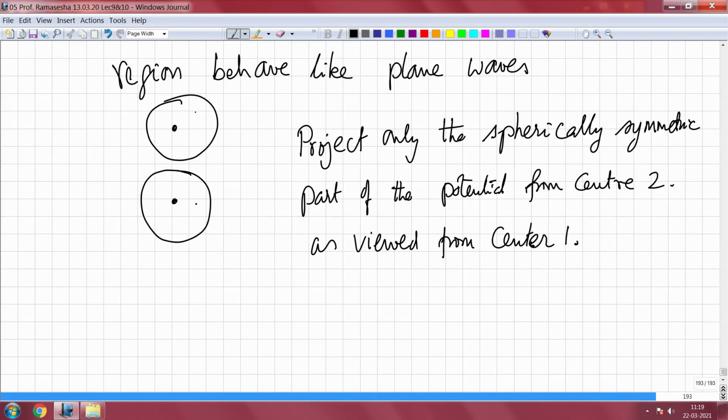The contribution from there must only be some other spherically symmetric function, so that you can add up the two spherically symmetric functions and get the net crystal potential at this origin due to the one at that origin.